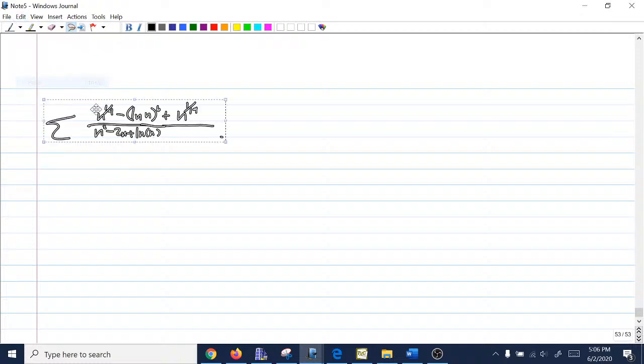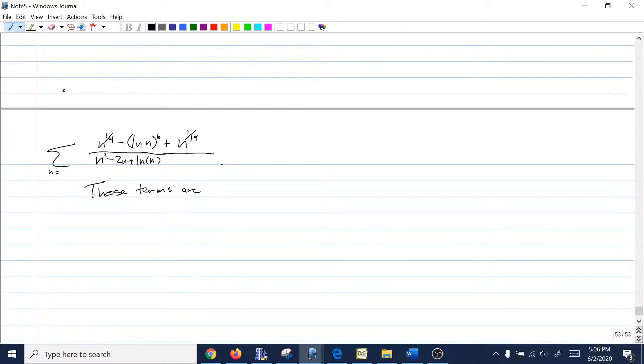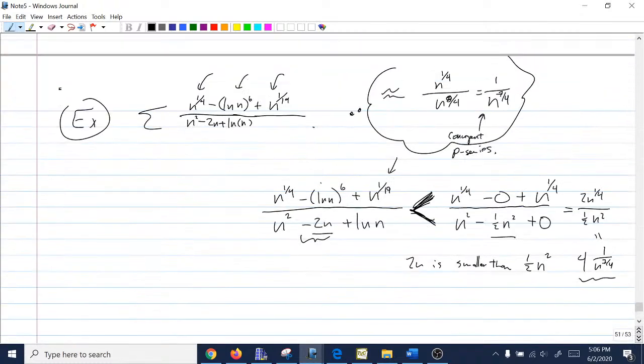So let's start doing a paragraph. If I'm going to use direct comparison, I need the series to be positive. Maybe that should be the first thing I write out. These terms are eventually positive. Maybe I should think about what's the first value of n where the denominator is never 0?